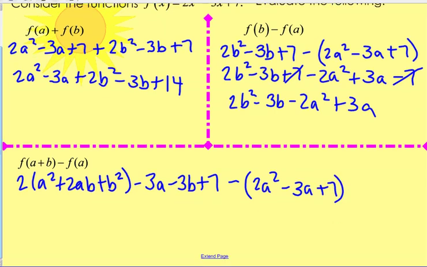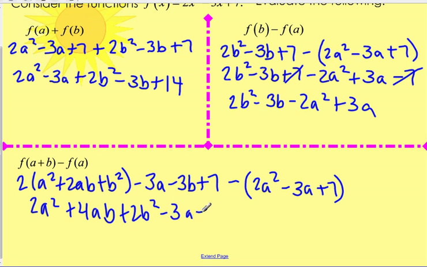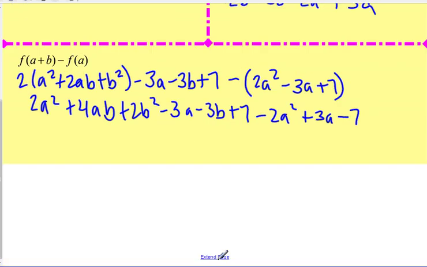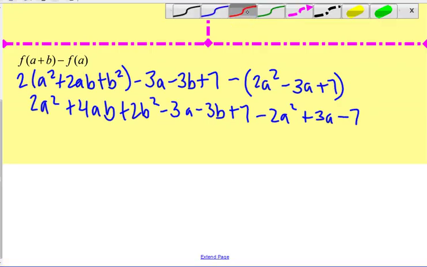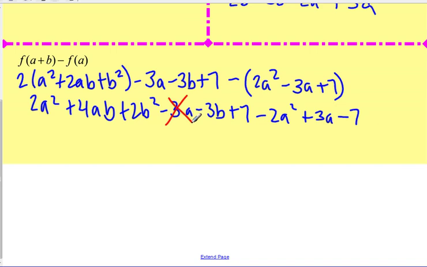All right, so that's going to give me 2a squared plus 4ab plus 2b squared minus 3a minus 3b plus 7 minus 2a squared plus 3a minus 7. So now I've got some stuff in here that is going to cancel, right? I have a negative 3a and a positive 3a.